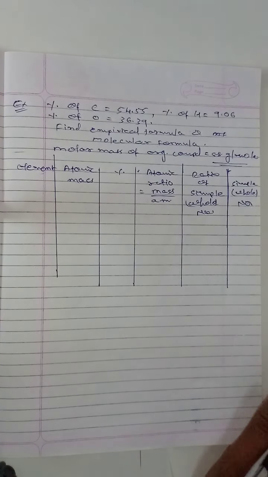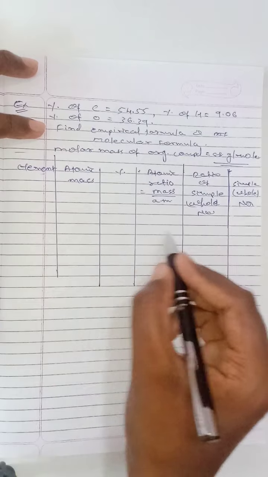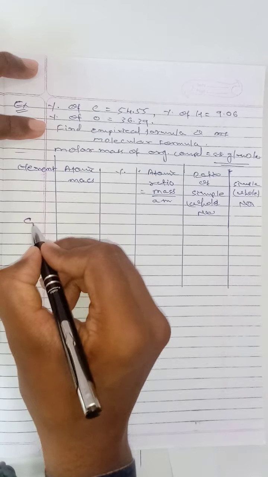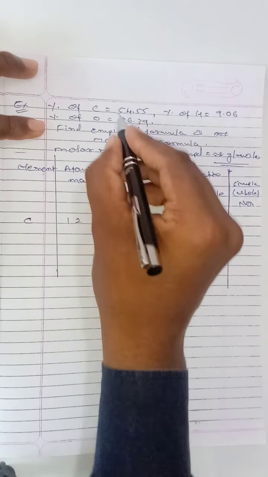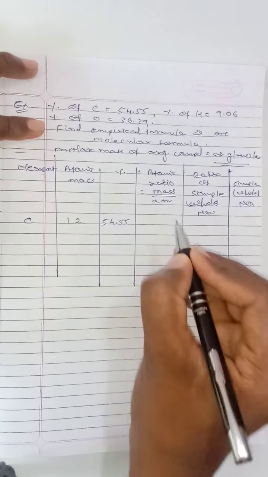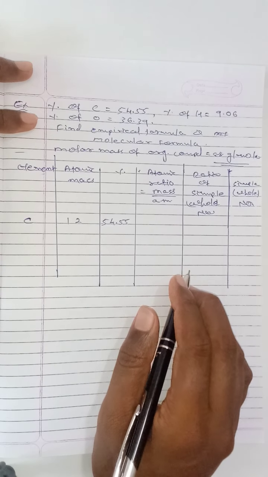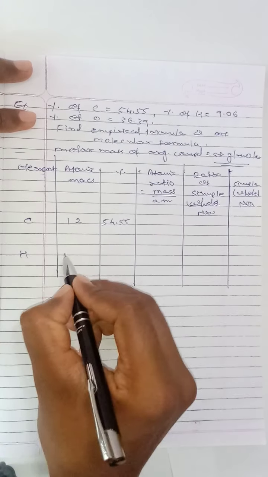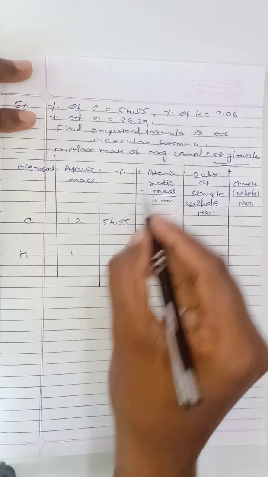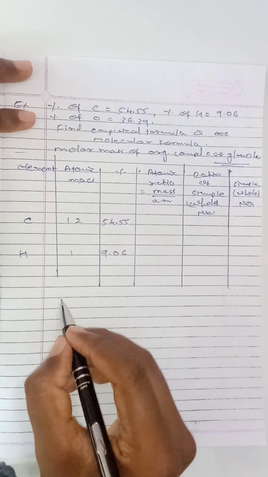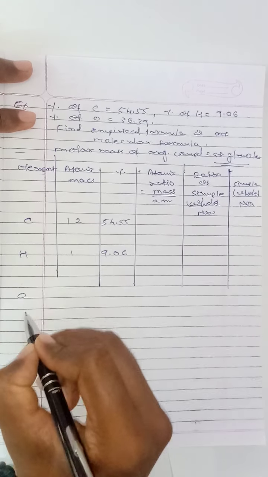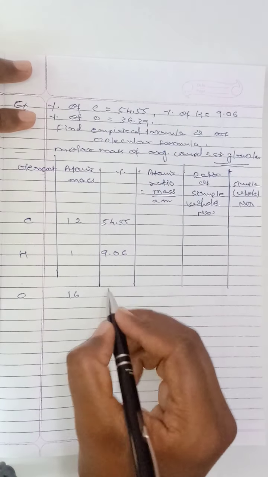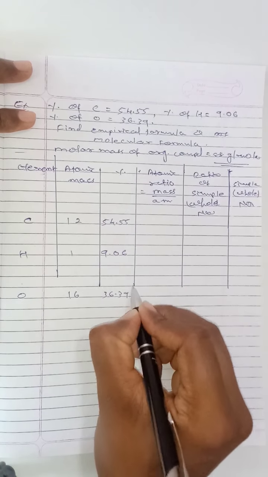The elements here are carbon, its atomic mass is 12, and the percentage is 54.55. Then hydrogen, its atomic mass is 1 and percentage 9.06, and oxygen, atomic mass 16 and percentage 36.39.